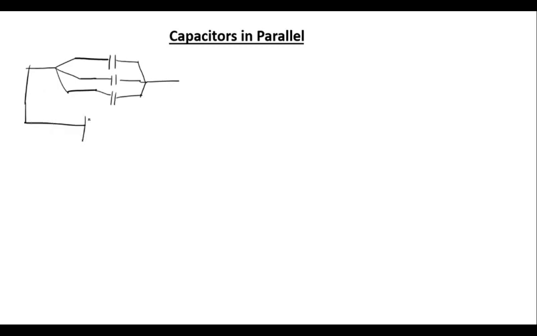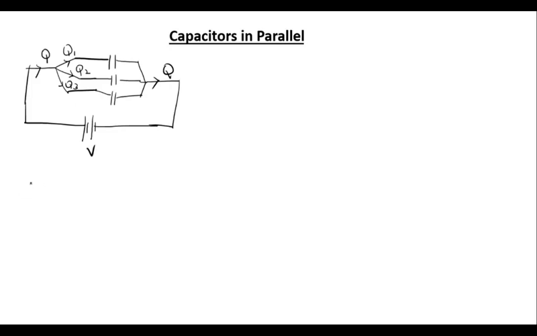Then we have a potential difference or an electrical source applied to it. So we have the charge flowing through, and then it is being divided over here. So here is Q1, this is Q2, this is Q3, and then they all meet at this junction to become a normal Q, and then we have the potential difference V over here.